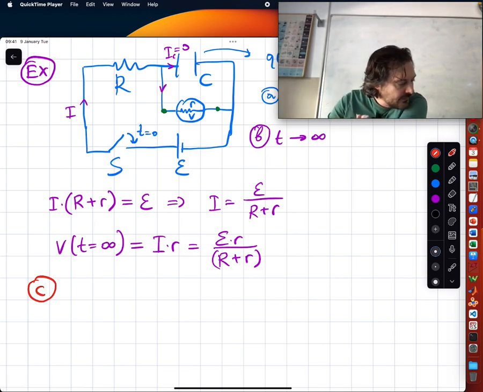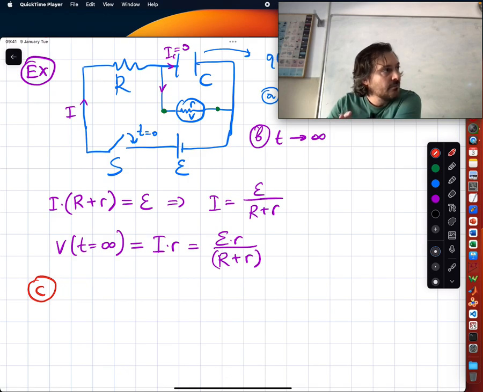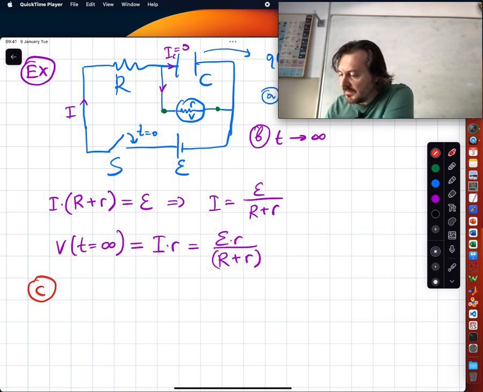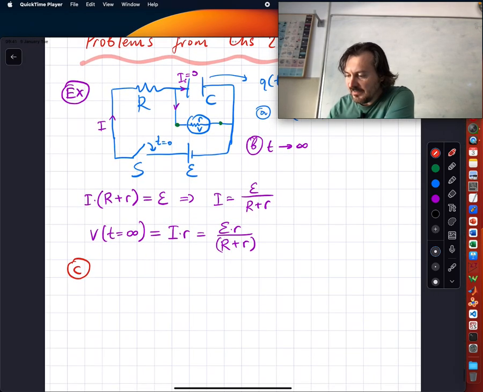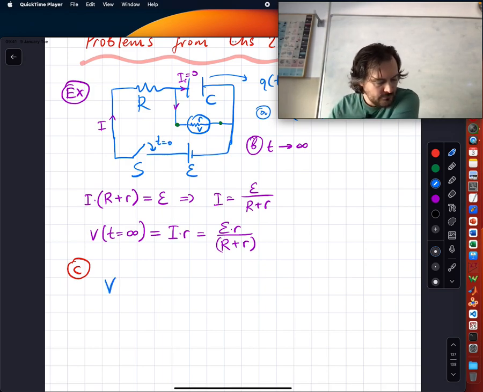The last part asks what is the reading of the voltmeter at any arbitrary time. We know what it is at t equals 0, it's 0. At t equals infinity, it's this one. And we actually can guess what's going to happen. Don't do this in the exam, but I am guessing that, okay, no, it's not that obvious.